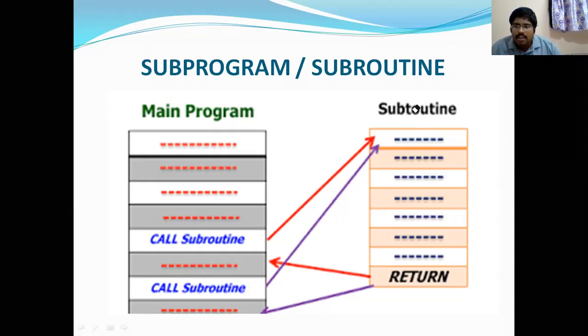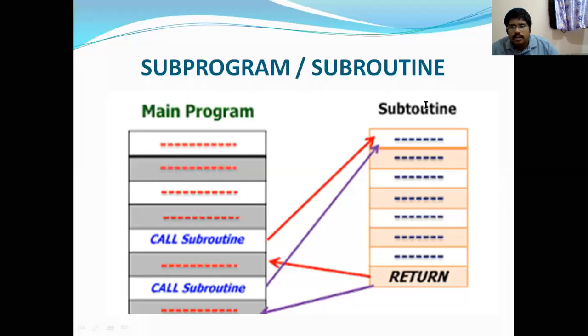Whenever I want to perform addition in my main program, I won't write all these instructions in the main program. I will develop a subprogram separately from the main program, and I will use the instruction CALL followed by the name of this subroutine.